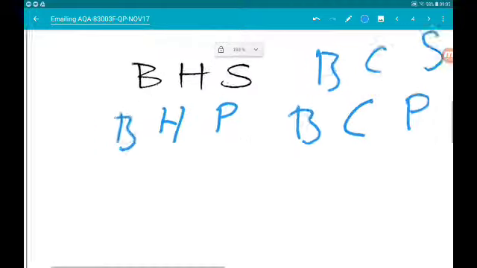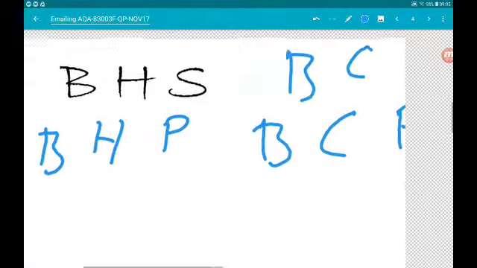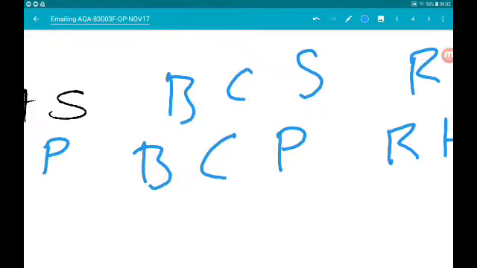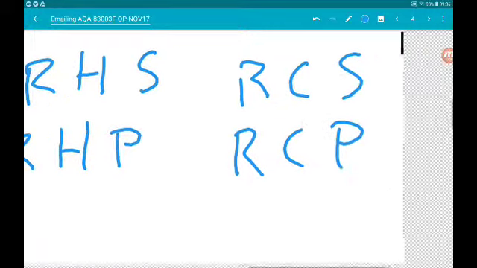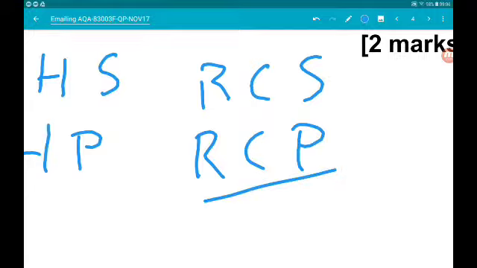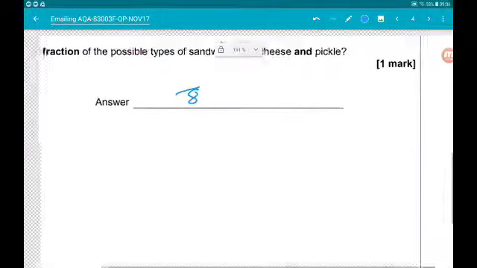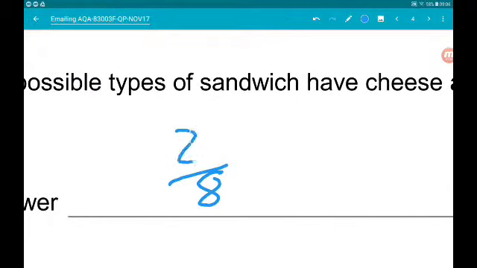We want to know how many have cheese and pickle. On that one there's 1, and on that one there's 2. So it's 2 out of 8, which is 1/4.